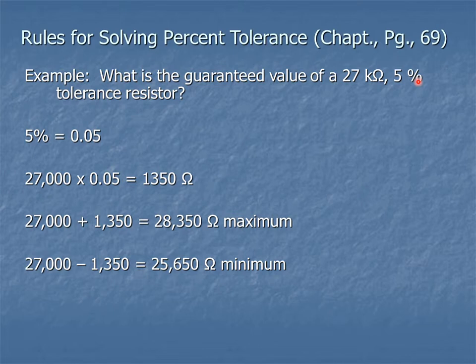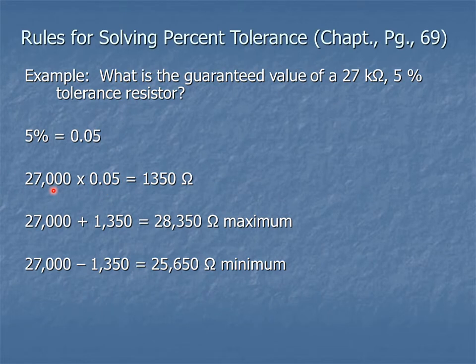So let's say we are given 5% tolerance. Now how do I find the maximum resistance it might be, or the minimum resistance it might be? What we do is first convert it to a fraction, of course, right? 5% we convert to a fraction, and then multiply the 5% with the total resistance.